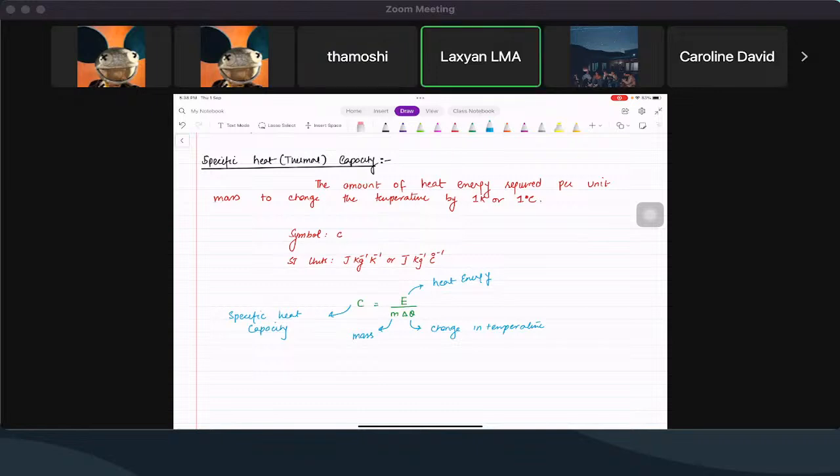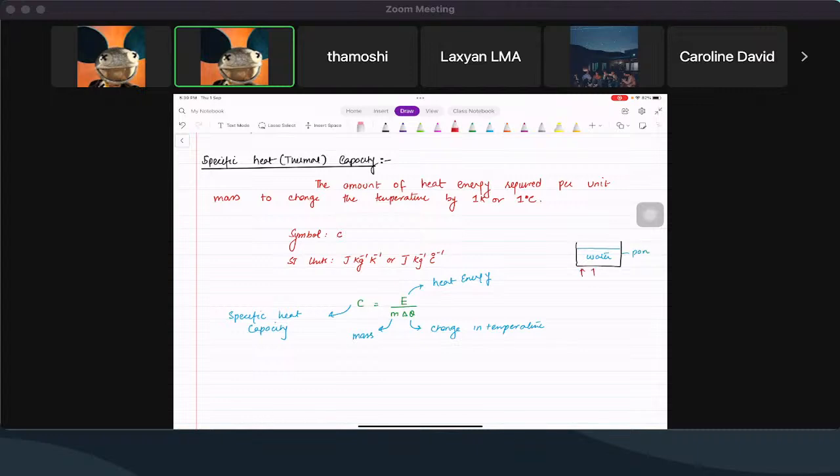Now, what you guys need to understand is that generally the heat capacity means, let's suppose I want to heat some water in a pan, right? So there's water here, and this is the pan, and then we're heating it.